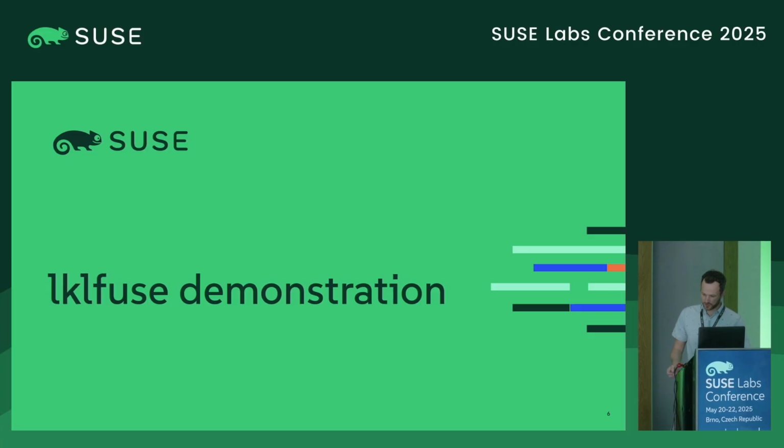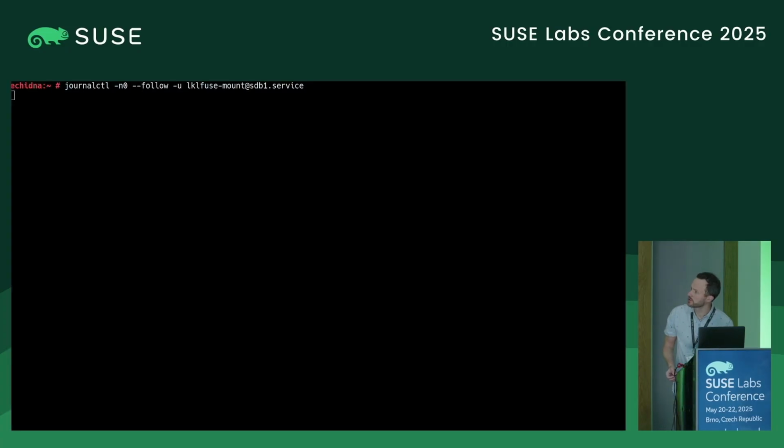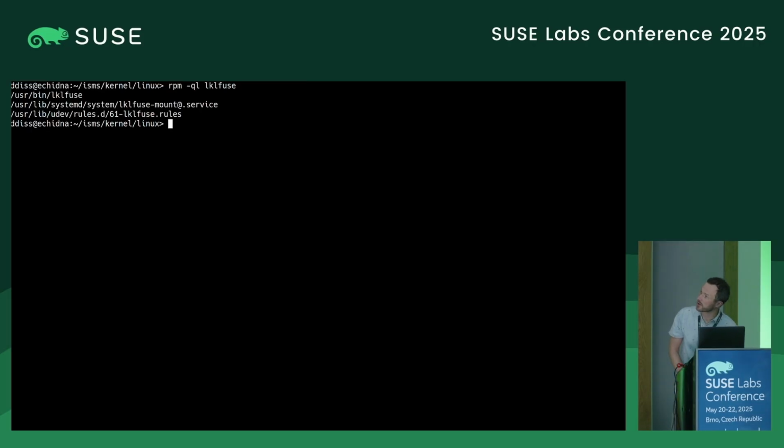So, quick demonstration first off. I've just got the package installed on my laptop. Actually, perhaps first I'll show you what comes in the RPM itself. So yeah, it's really quite simple at the moment. We basically just have the udev functionality to filter for USB devices.